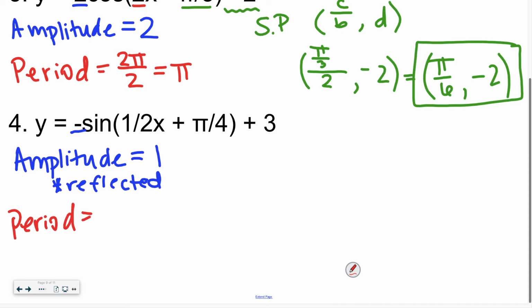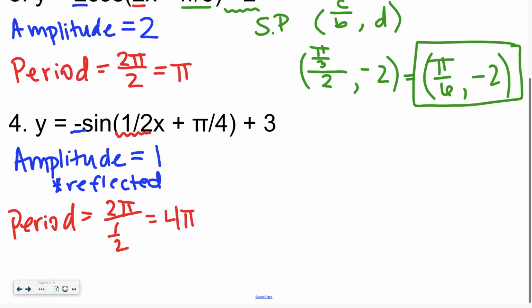The period. Okay. Ryan, what do you have for the period? 4 pi. Our b value is 1/2. So when we take 2 pi divided by b, we end up with 4 pi. 2 pi divided by 1/2 is the same thing as taking 2 pi multiplied by the reciprocal, 2/1.